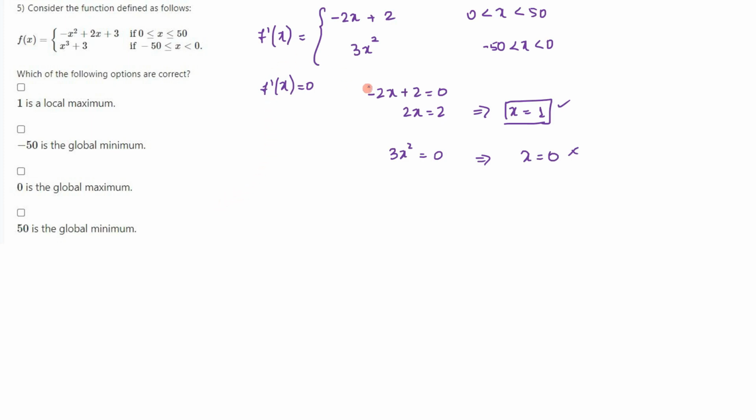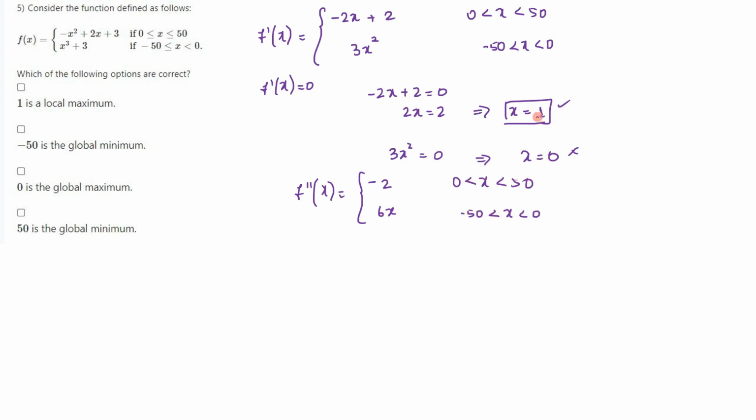So now, whether this one is local minimum or maximum, right? So we have to go with the f double dash method. F double dash of x is nothing but, if we differentiate this again, we'll have minus 2, and if we differentiate this again, we'll have 6x. This is for 0 less than x and less than 50, and this is for minus 50 less than x and less than 0.